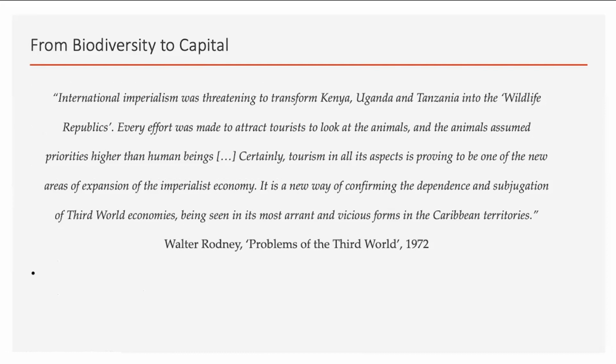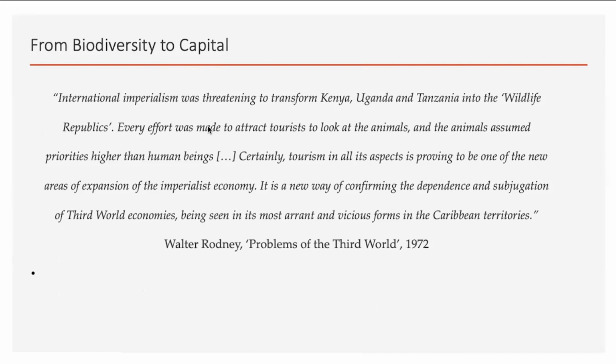So, from biodiversity to capital. Walter Rodney was a Pan-Africanist Marxist theorist who actually wrote on the issue of protected areas in Africa in the 1970s. He said, "International imperialism was threatening to transform Kenya, Uganda, and Tanzania into wildlife republics.